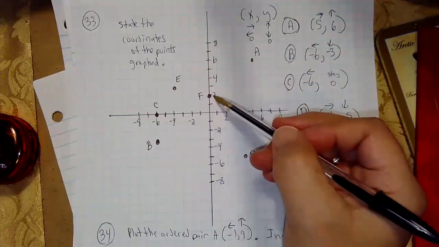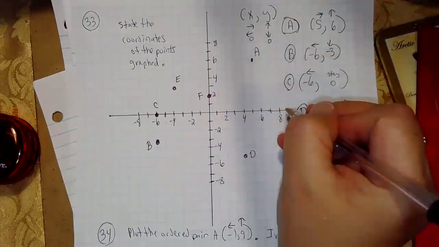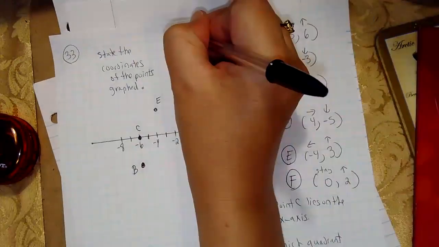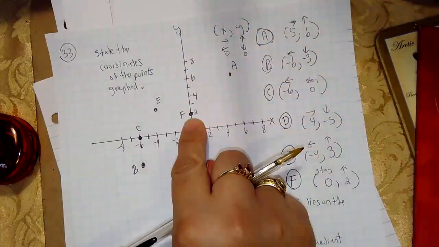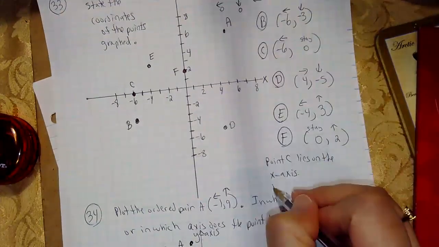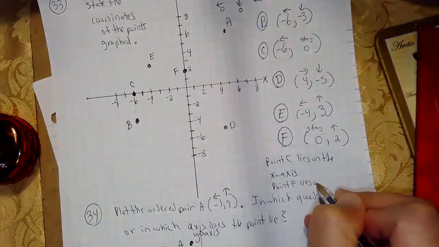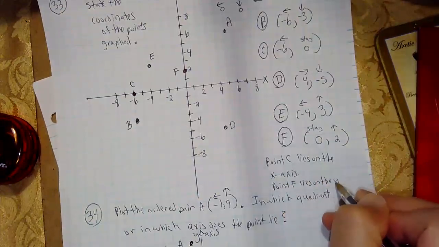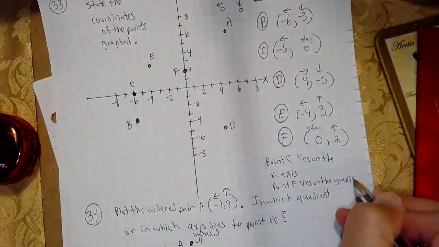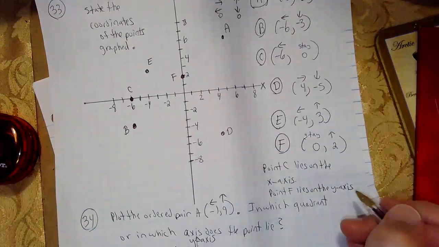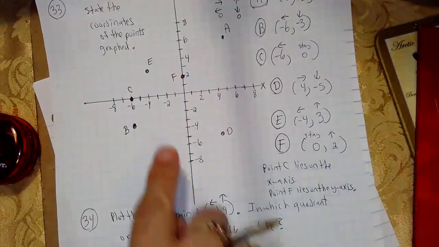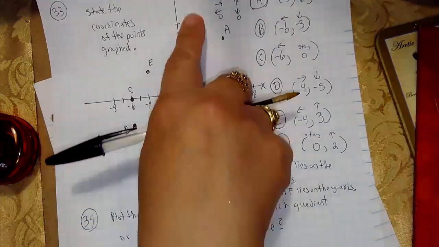And point F lies on the y-axis. So points either lie on the x-axis or the y-axis.